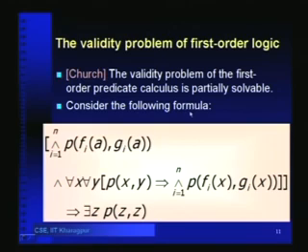This proof is available in several books, including Russell Norvig and Zohar Manna's book. So, you should at some point of time have a look at how this proof looks like. It is not a very big proof, but it requires a little bit of breaking your head into.